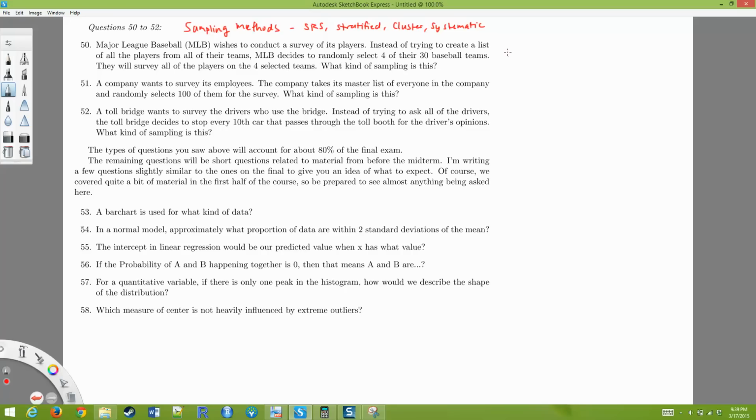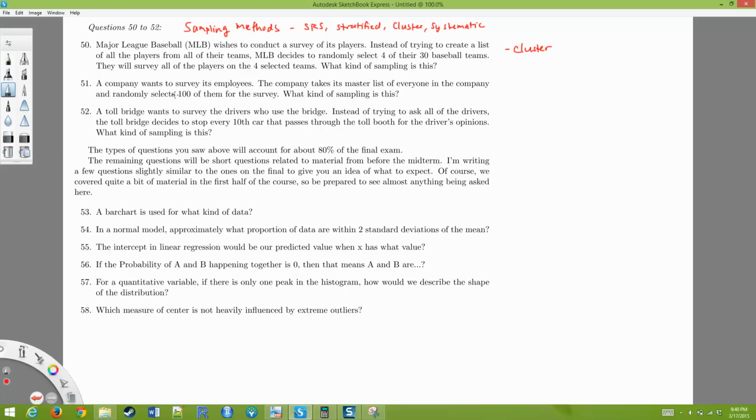Go ahead and tell me. Cluster sampling. Because here we are not randomly selecting from all the players. The players are divided into teams, which serve as our clusters, and we're randomly selecting the teams. We're randomly selecting clusters there.